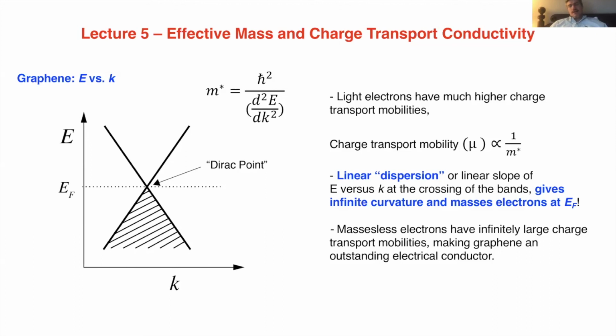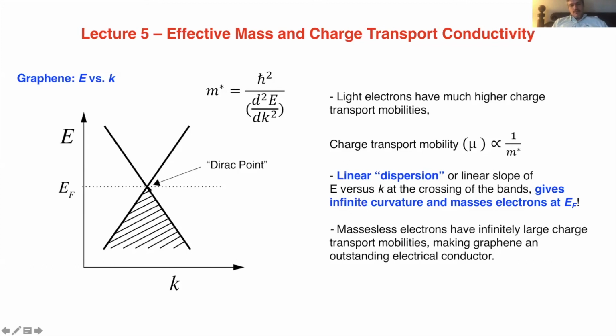They have really high kinetic energies, and it gives rise to very, very good conductivity. Okay, so we haven't talked a whole lot about this, but charge transport mobility is a measure of how easily the electrons flow through the lattice, and it's inversely related to this effective mass. So the lighter the effective mass is, the higher the charge transport mobility is.